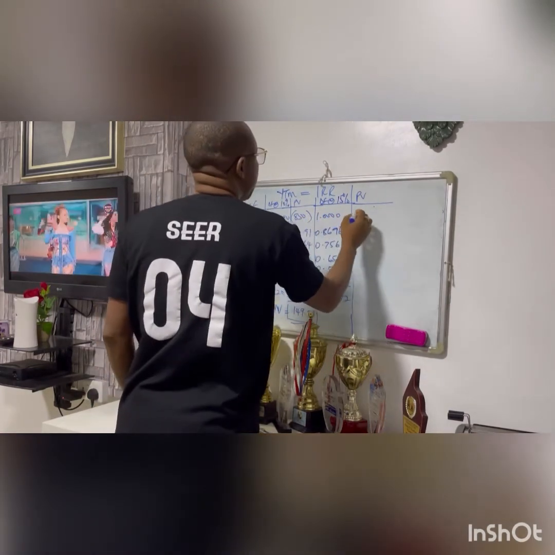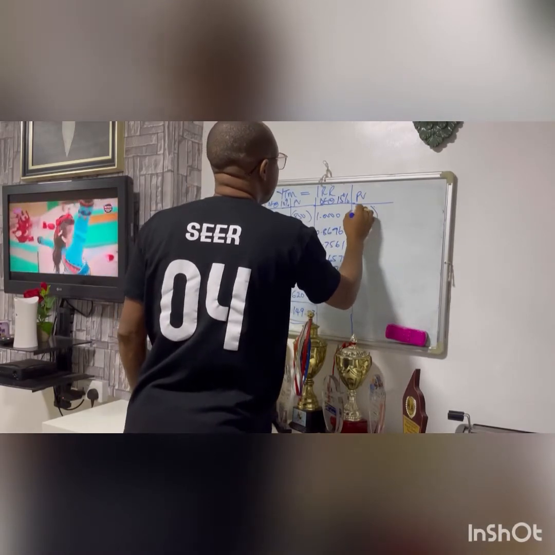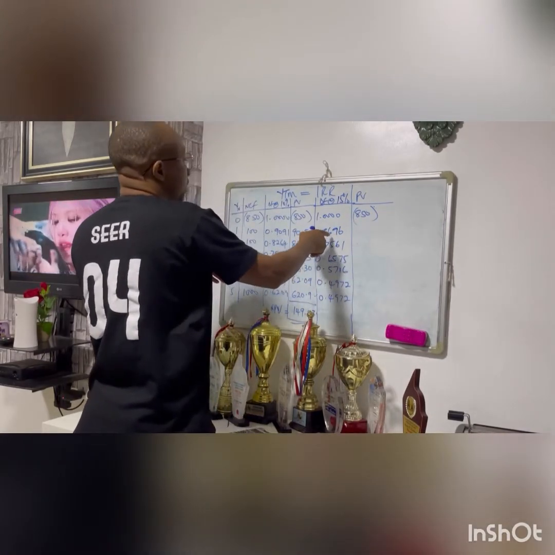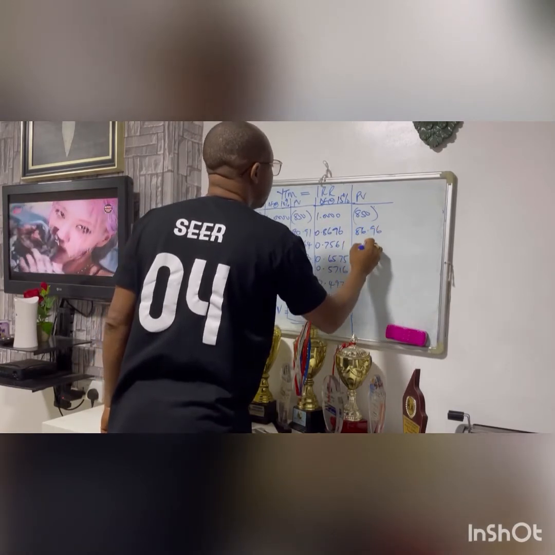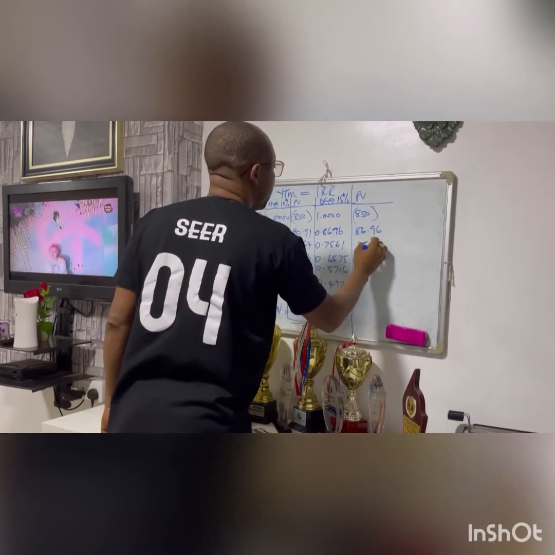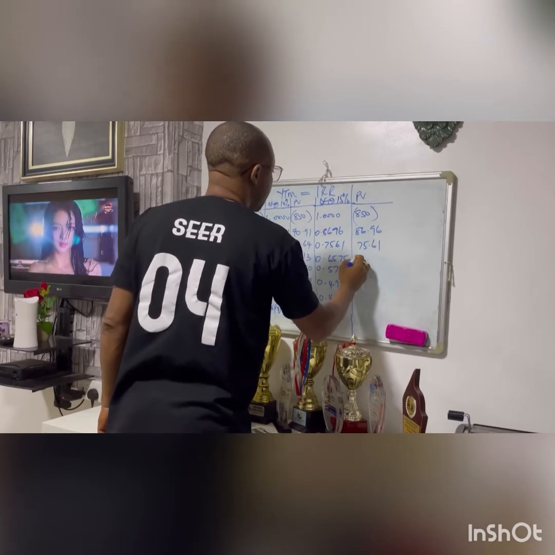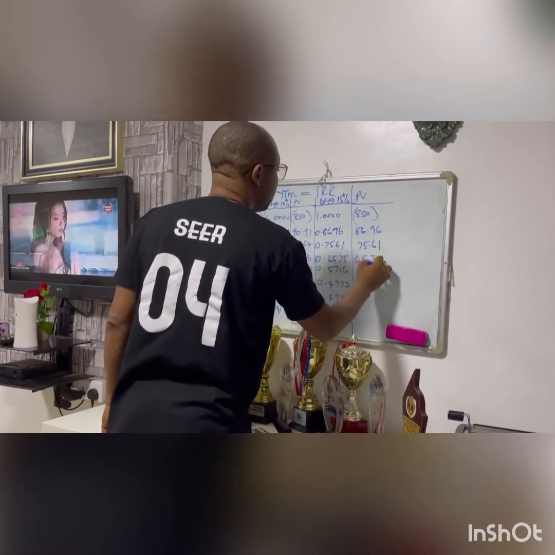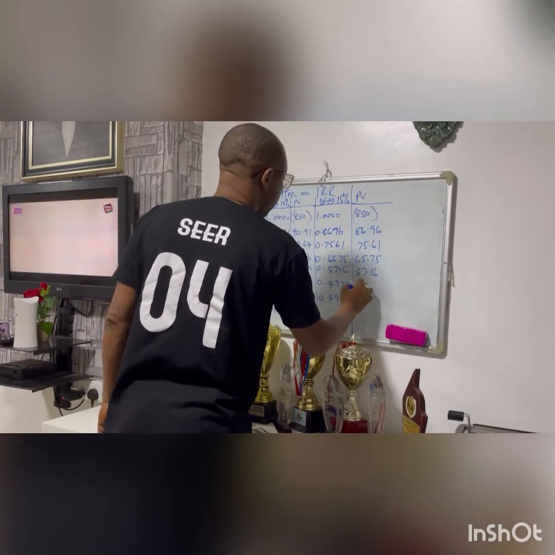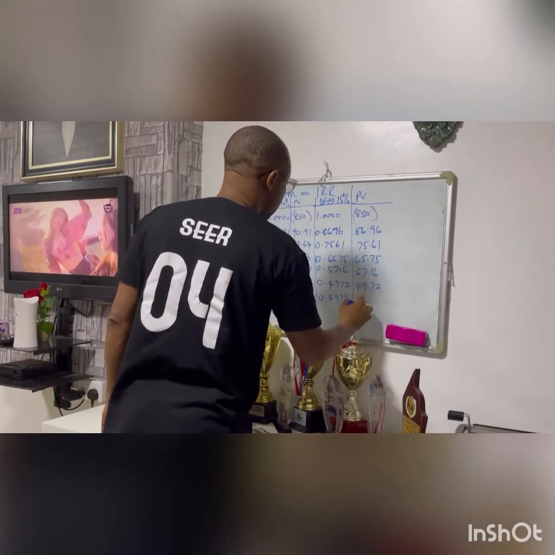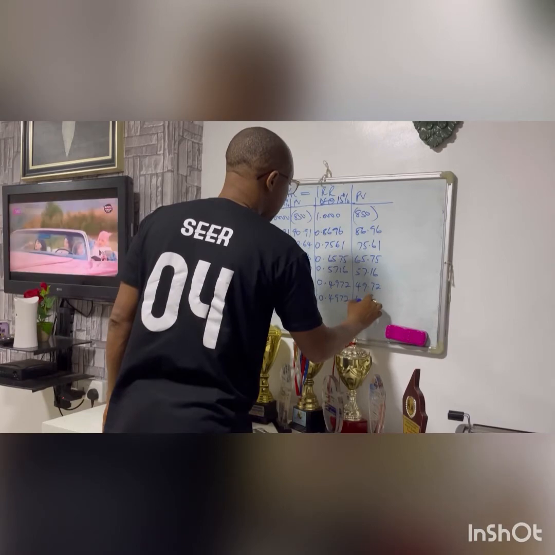So if I multiply this again, I get my 850. If I multiply this and 100, it gives me 86.96. This gives me 75.61, 65.75, 57.16, 49.72, and 497.2.